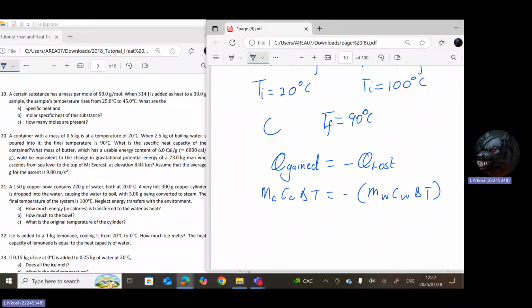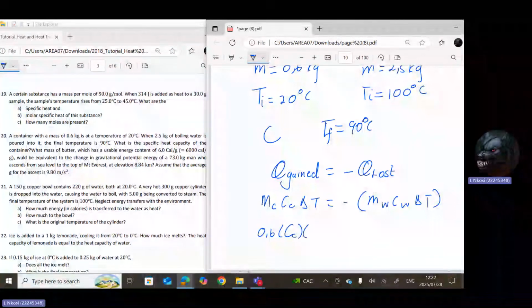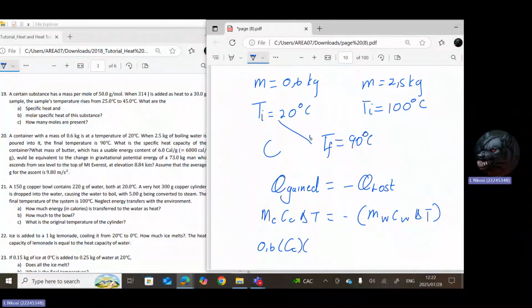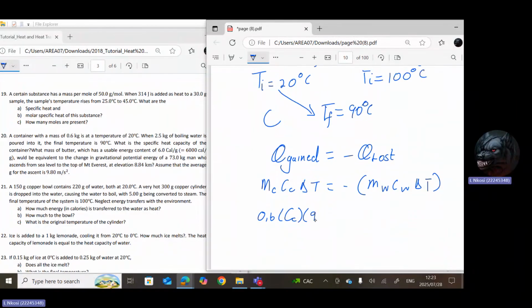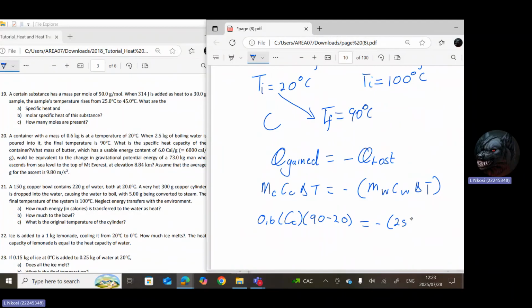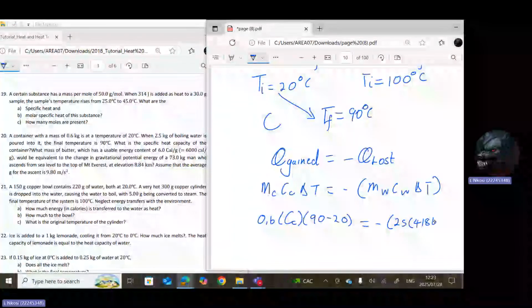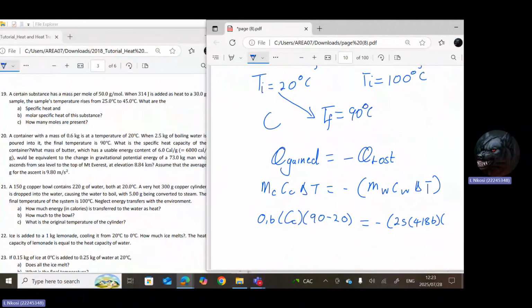So the mass of the container is 0.6, C for the container, and the temperature changes from 20 to 90, so 90 minus 20, is equal to the mass of the water, 2.5, C for water is 4186, change in T from 100 to 90.